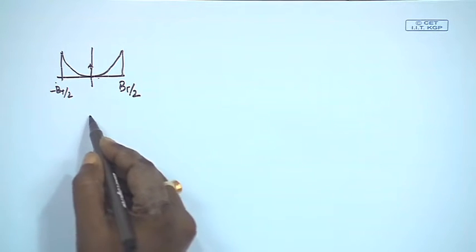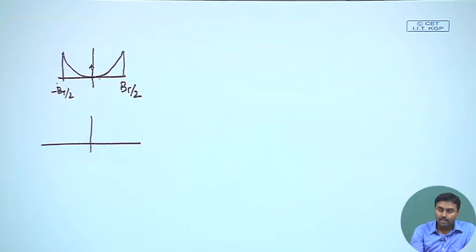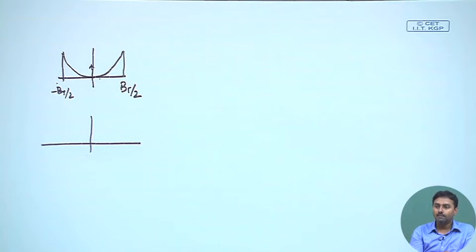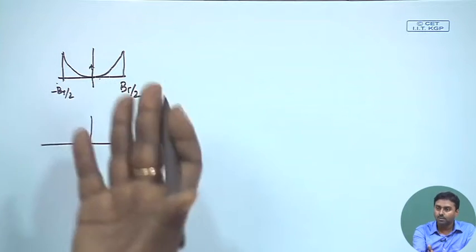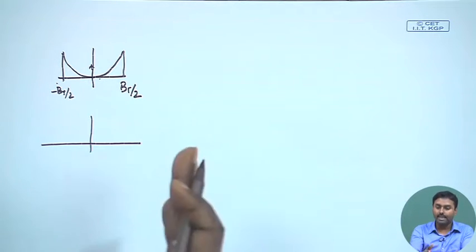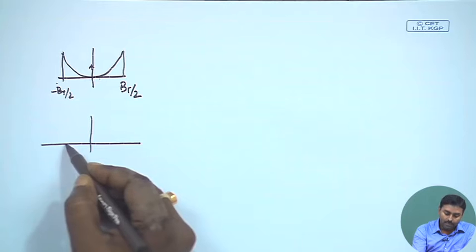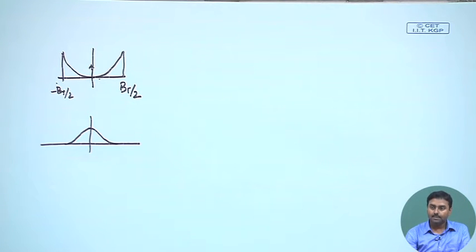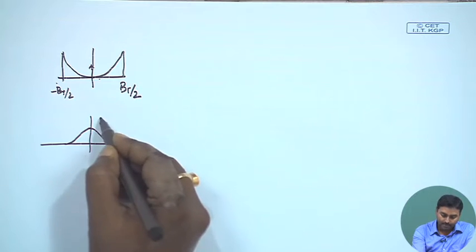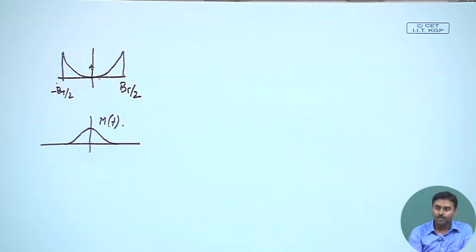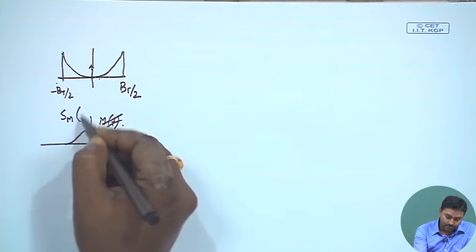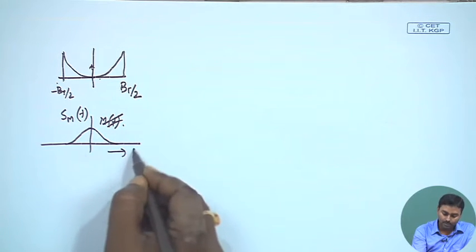Now, generally what will happen whenever we... within this, this is the low pass equivalent noise characteristics, right. So, if I just plot the signal spectra, that should look like this. Okay. So, this is my message power spectral density, let us say S_M(f), with respect to frequency.